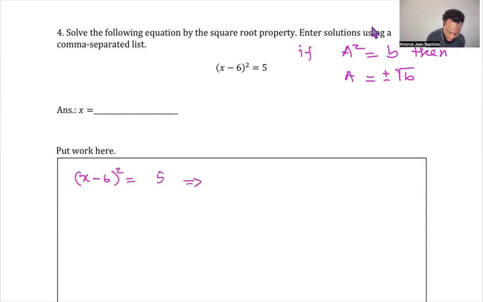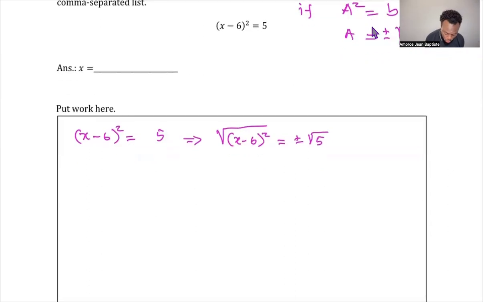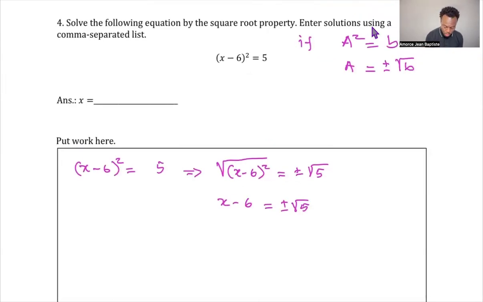Then you can take the square root of both sides. x minus 6 equals plus or minus the square root of 5, just like you had here, remember that?